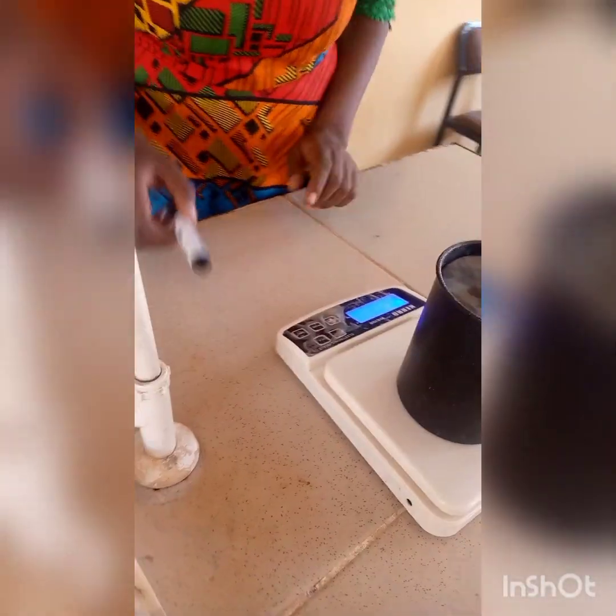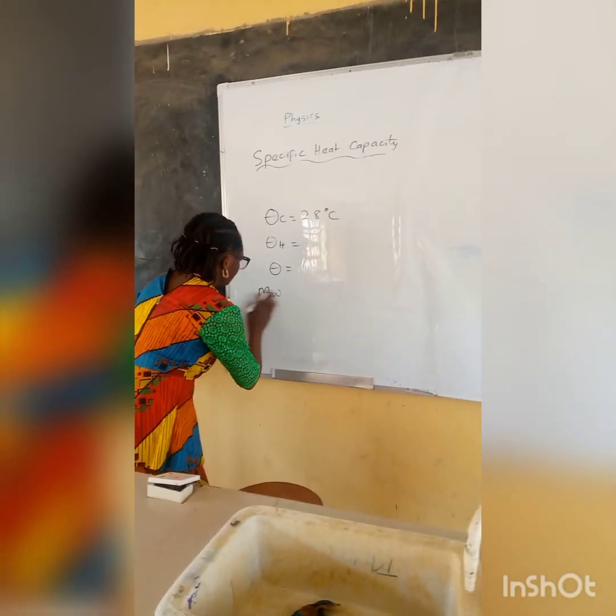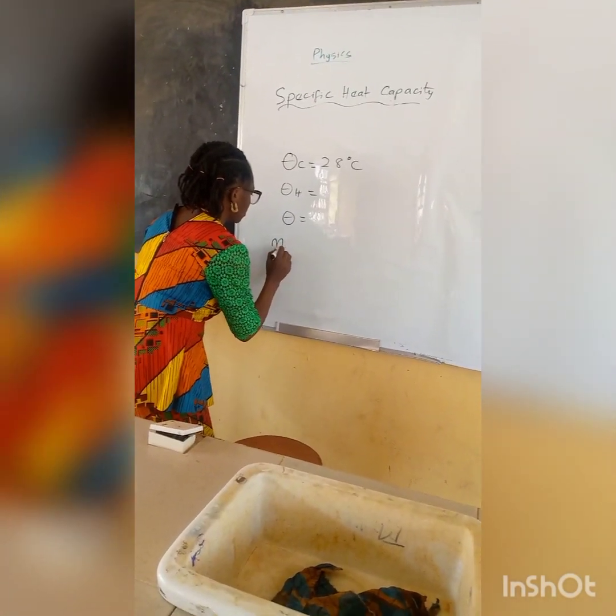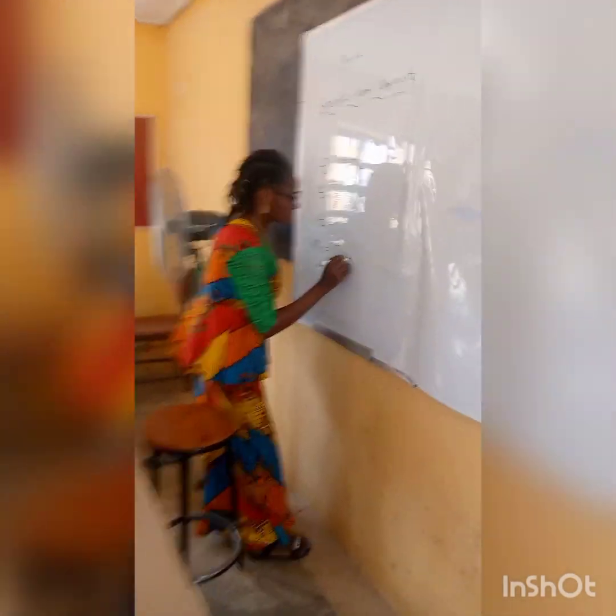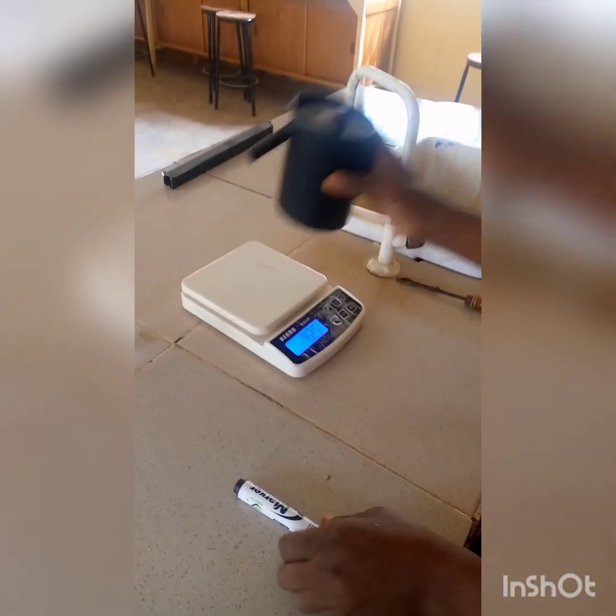By what I have here on the scale, it is 334 grams. The mass of calorimeter is 334.0 grams.